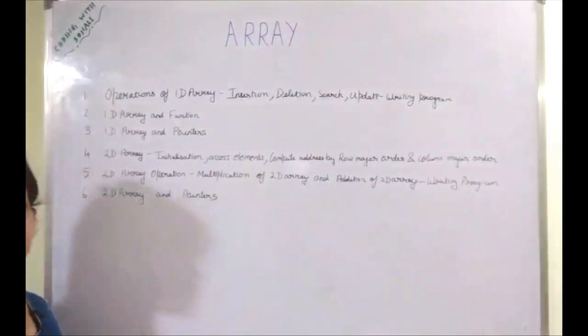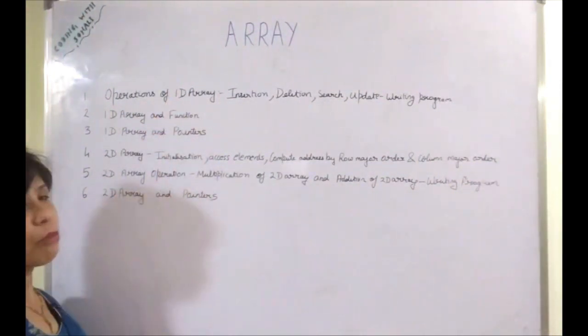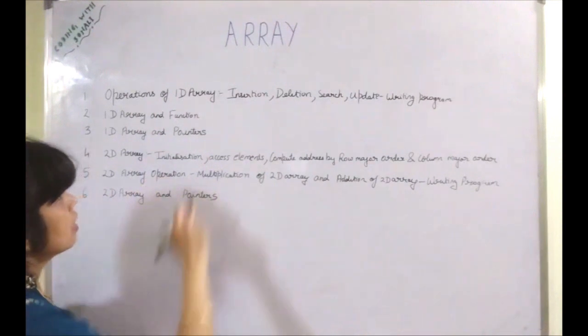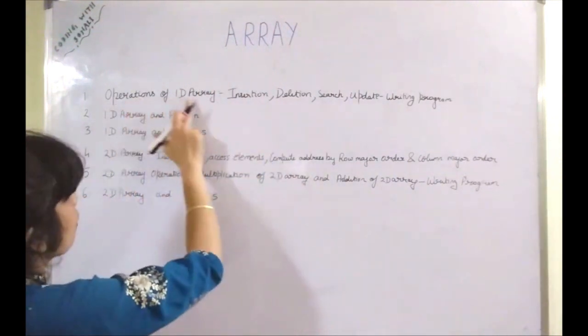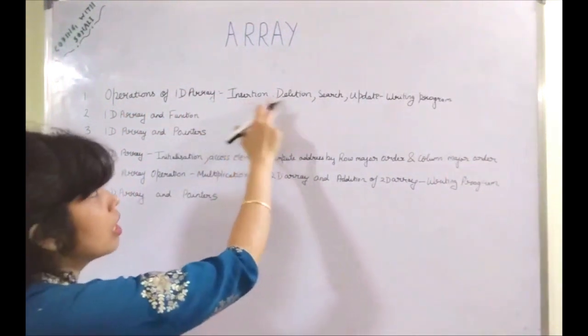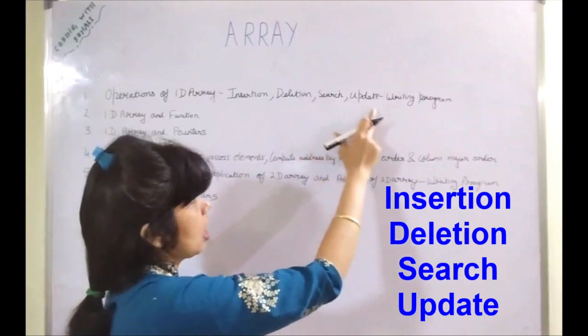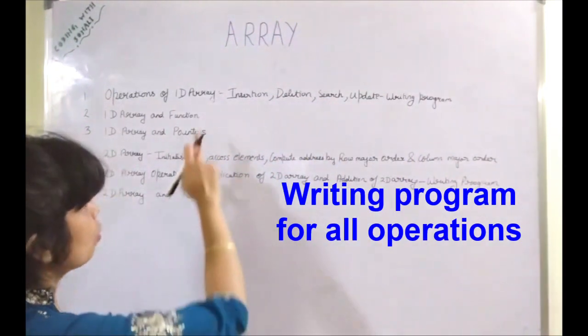Ahead, we will cover a couple of sessions to cover all these important topics on the array. First, we will cover the operations of the 1D array: insertion, deletion, search, and update. We will write the program in C language for the same.